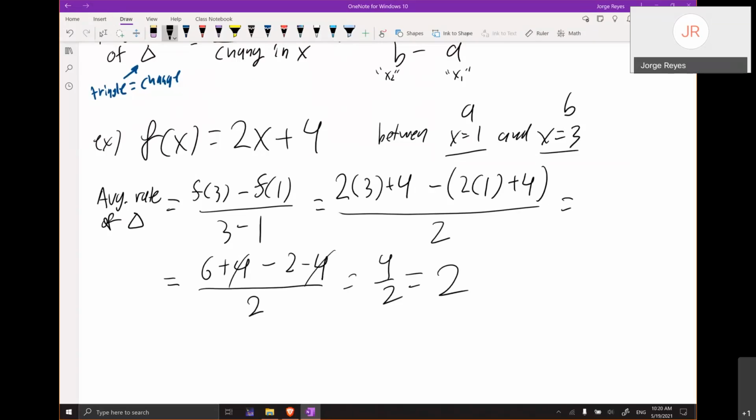One thing I want you to notice: 2, and the slope, because this is a line, the slope is 2.